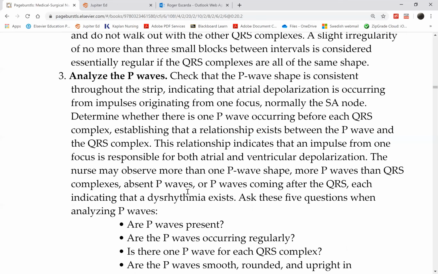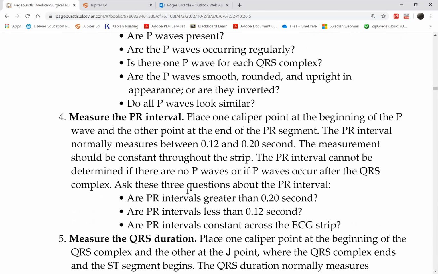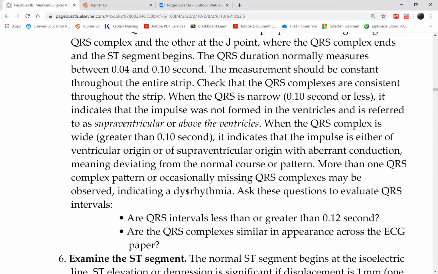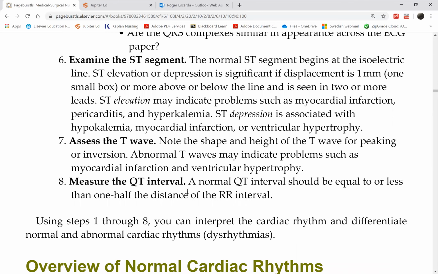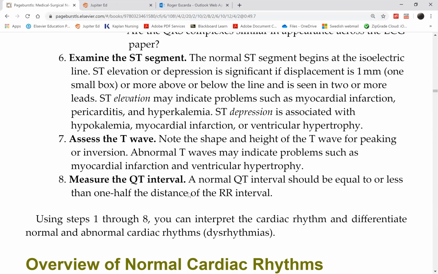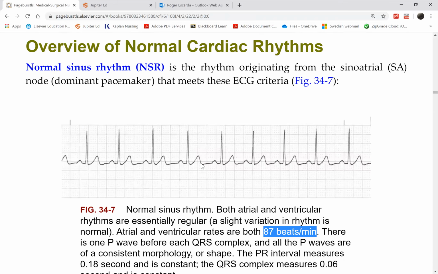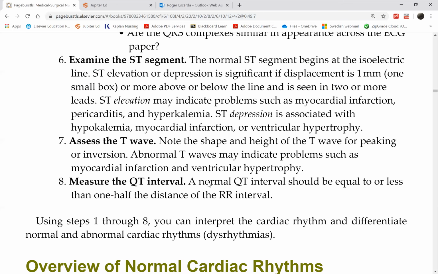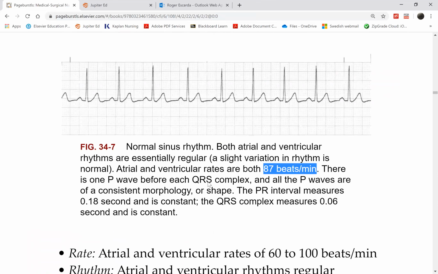And then we looked at the P waves and the PR interval. We measured it. We measured the QRS duration. We saw that in the example we had, the ST segment was isoelectric, and then the T wave looks normal. So any question?